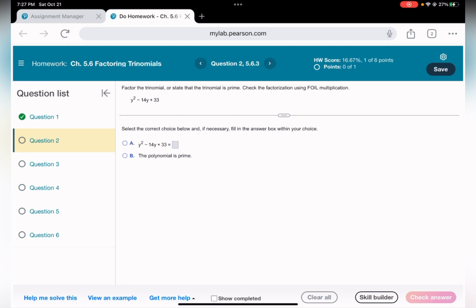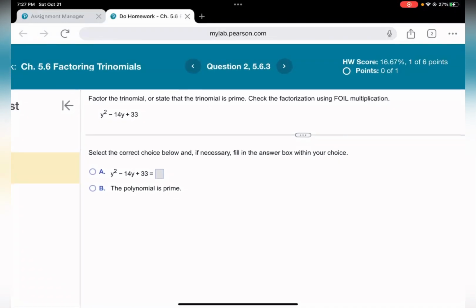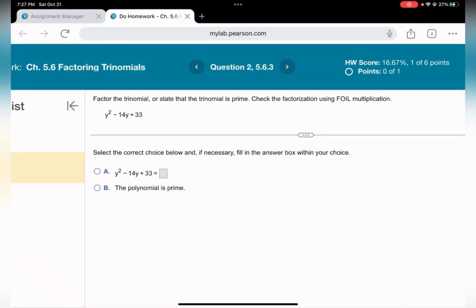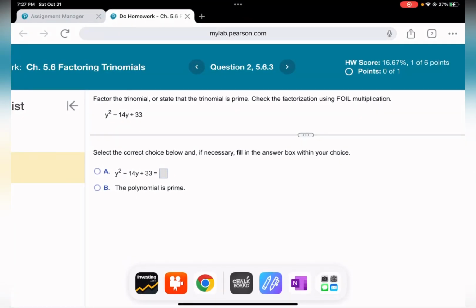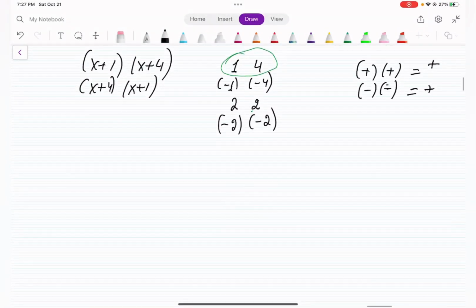Y squared minus 14y plus 33. Okay, now we have here positive 33. So what is going to be?